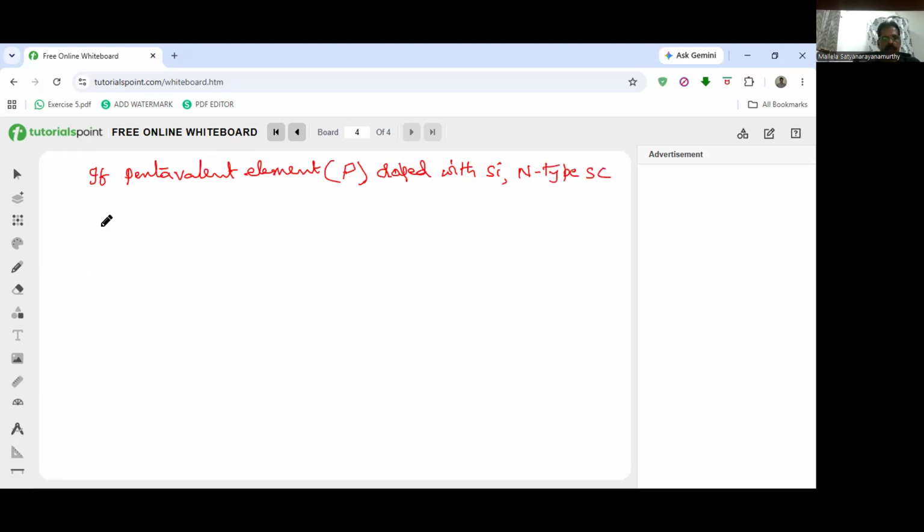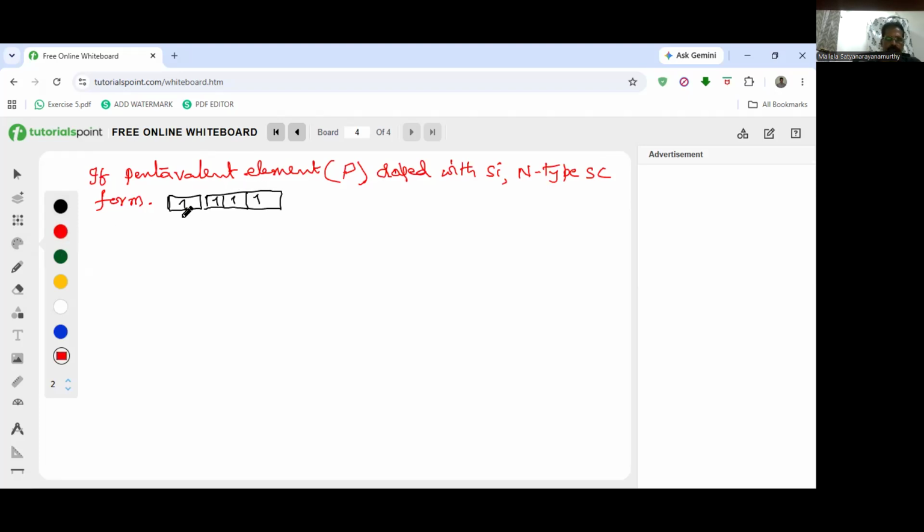N-type semiconductor forms. In examination, they are asking what is a p-type semiconductor and what is an n-type semiconductor. Here is the same concept I want to explain. This is silicon, with 4 valency.